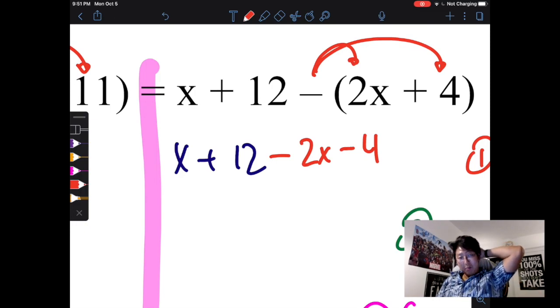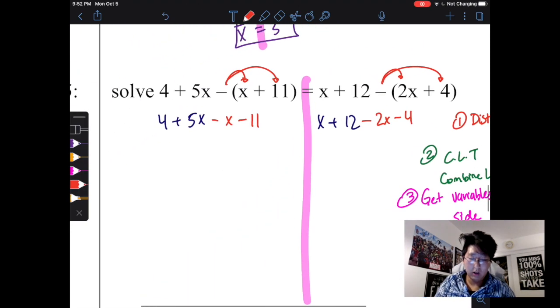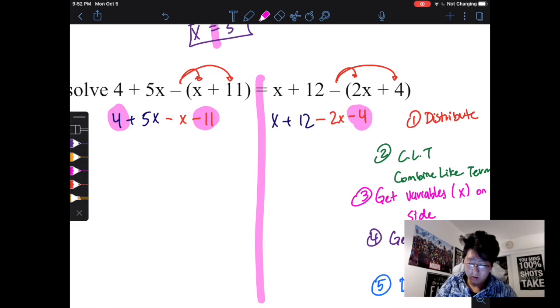The second step is to combine like terms. So let's combine like terms. All the units in pink, x in orange.